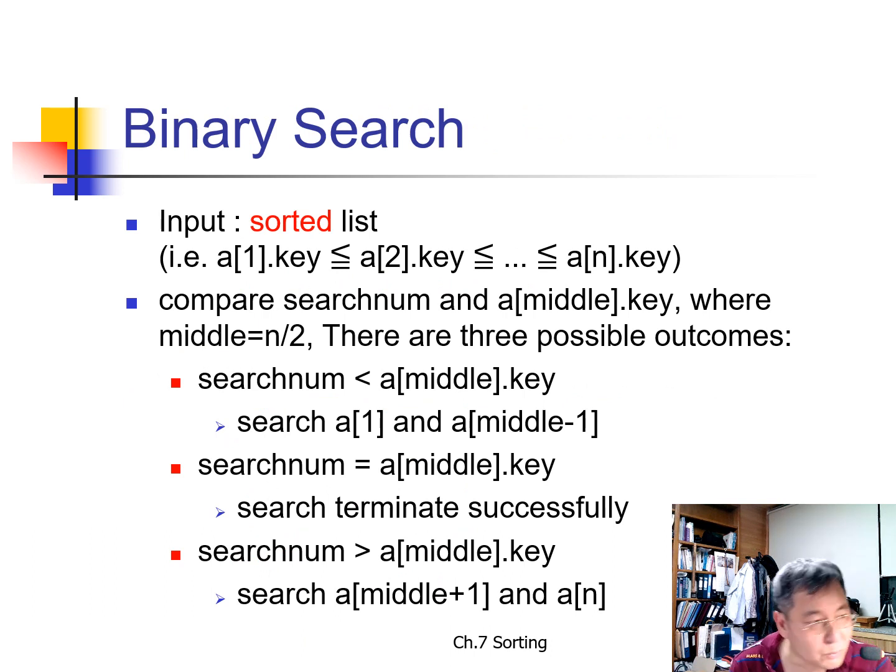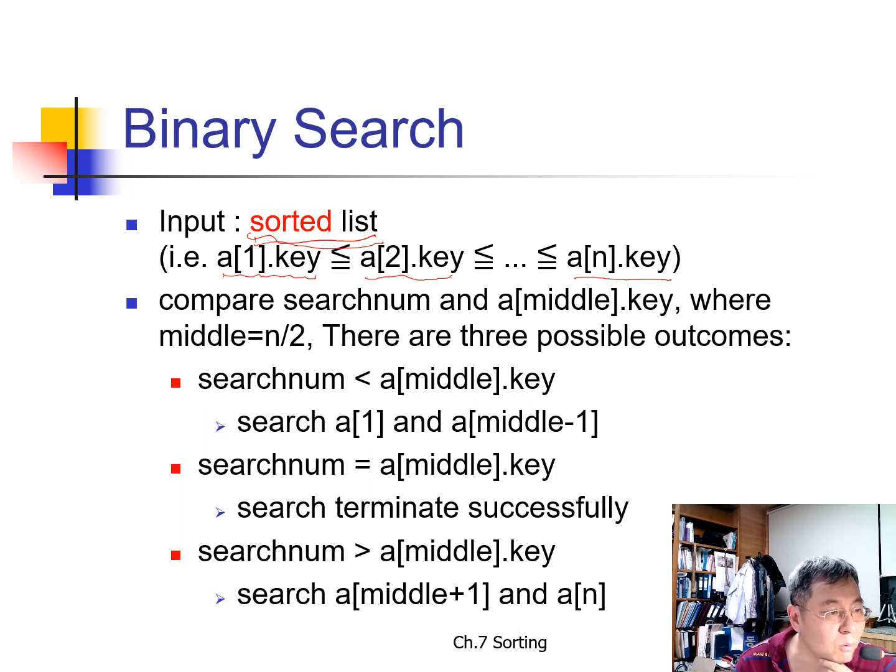But if we have a sorted list as an input, then the search becomes very, very efficient and fast. That search method is called the binary search method. A sorted list means that all of the key values are in increasing order.